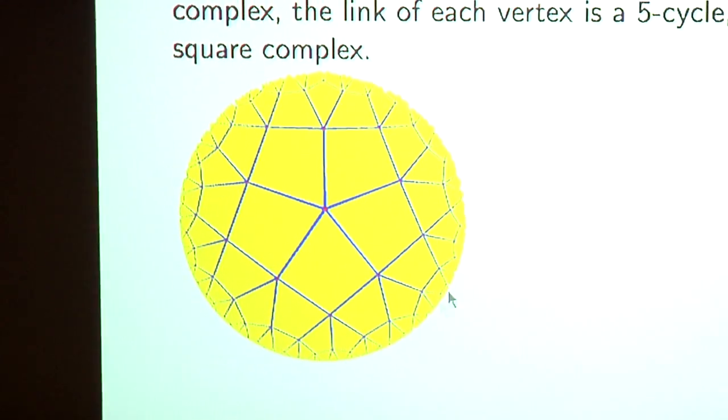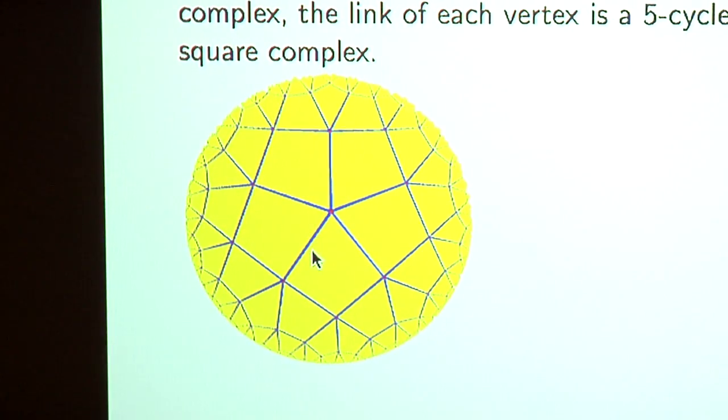So I wanted to get back to this flag condition, though. What are some examples of cat-0 cube complexes? Well, a square complex, so that's just a two-dimensional cube complex, is cat-0 if and only if the link of each vertex is a graph of girth greater than or equal to 4. So here's an example of squares tiling the hyperbolic plane.